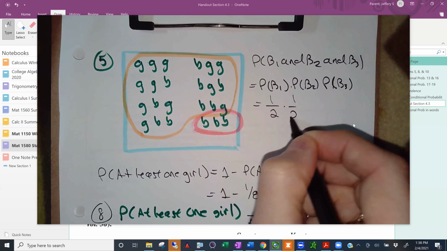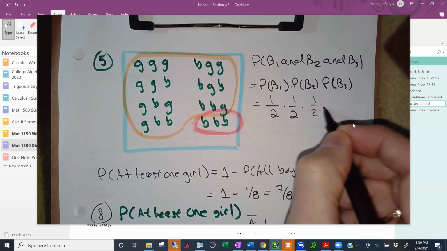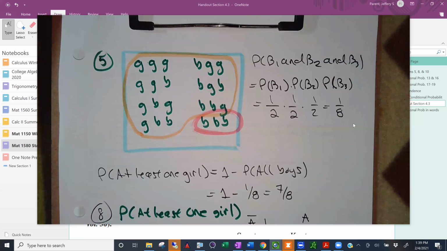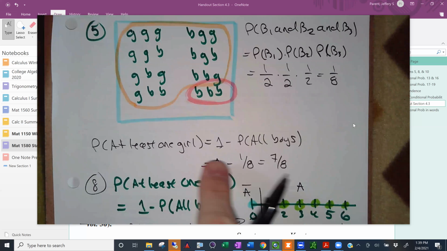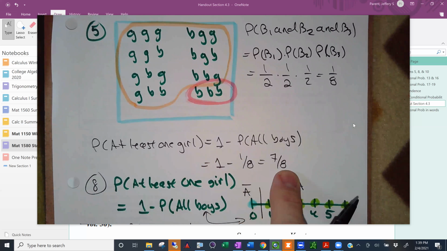And then 1 out of 2 again, and 1 out of 2 again gives me the 1 out of 8 altogether. And so then you can put that in here and say, all right, well, the probability of at least one girl is 1 minus 1/8, which gives you your 7/8. So is that what you're looking for?